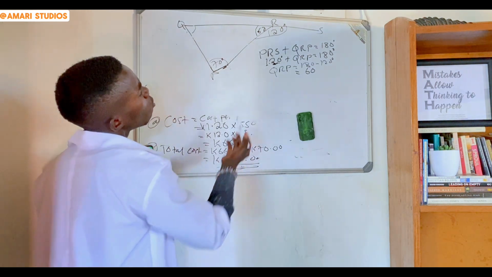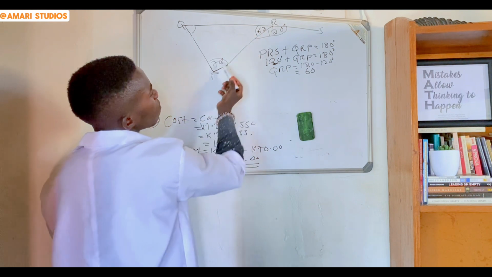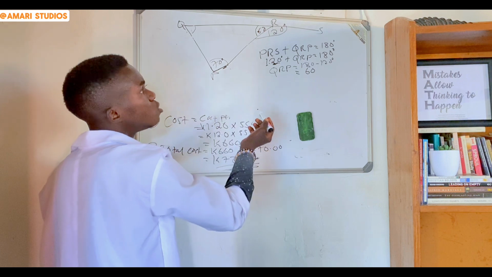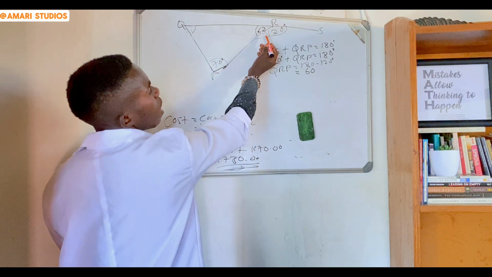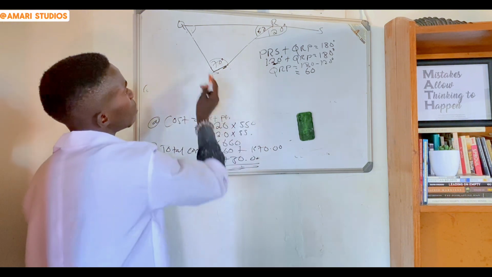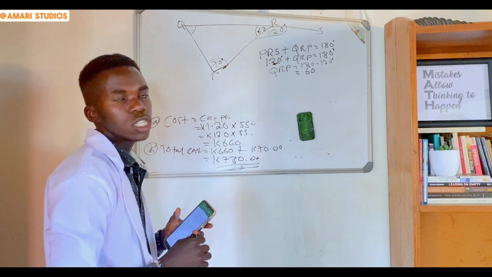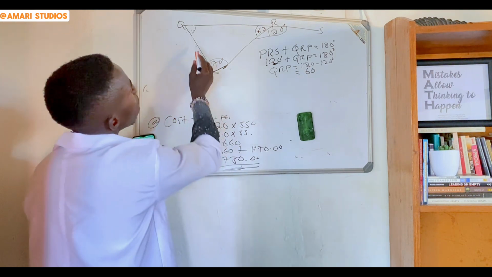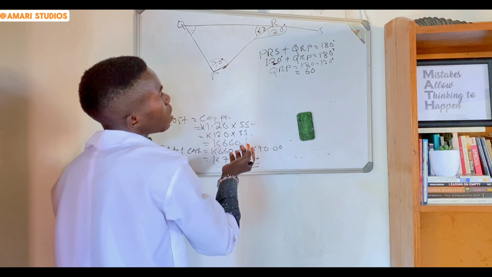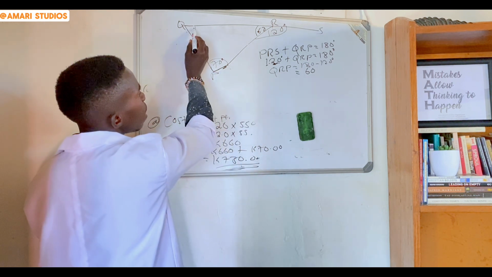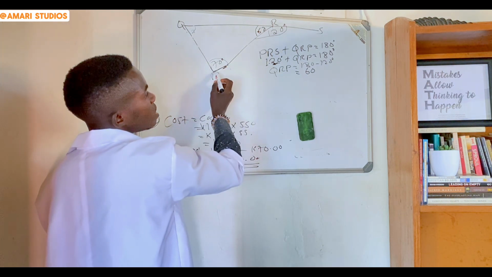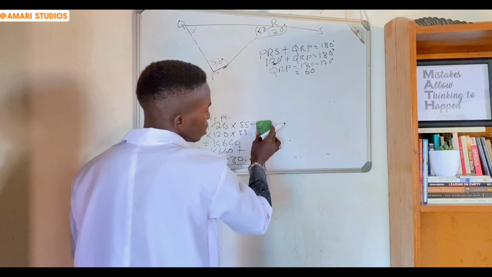Now we have the angle at R and the angle at P, and we want to find the angle at Q. How are we going to do that? We're going to add 60 plus 70, then subtract from 180, to get the angle at Q. Why? Because the interior angles of a triangle always add up to 180 degrees. So if we add the angles at Q, R and P, we get 180 degrees.